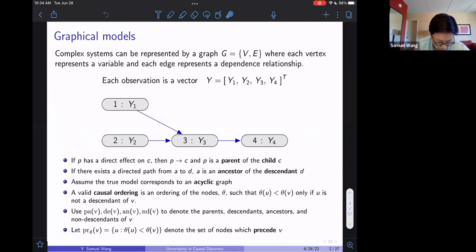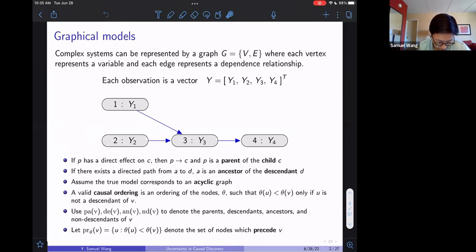If a node P has a direct effect on some other node C, then we'll put in this edge and we'll say P is a parent of its child C. So in this case, there's a directed edge from 1 to 3. You can see this right here. And so we'll say that Y1, or node 1, is a parent of node 3.